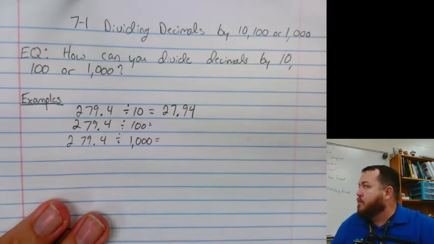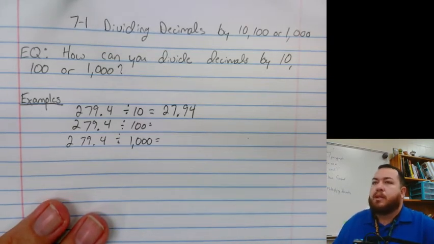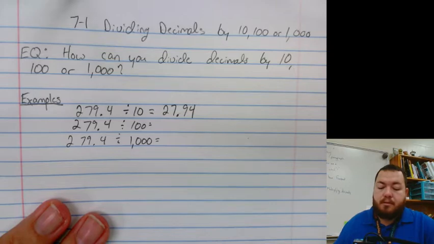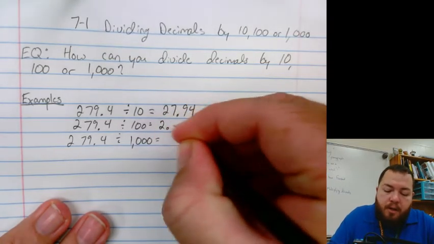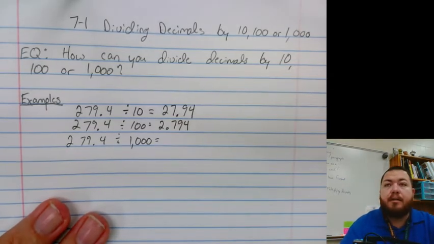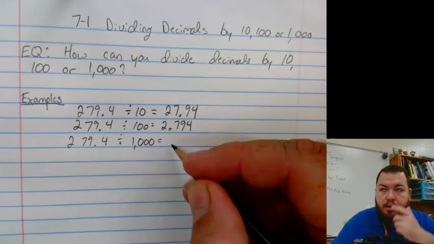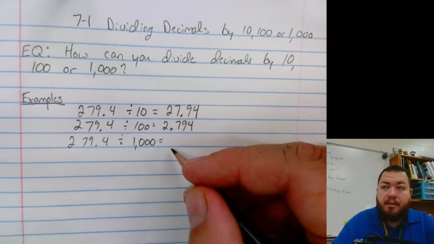Using that same pattern, what do you think 279 and 4/10 divided by 100 equals? Go ahead, Nick. 2 and 794 thousandths. Okay? Can anybody tell me what it would be if we divide by 1,000? Go ahead, Aaliyah.